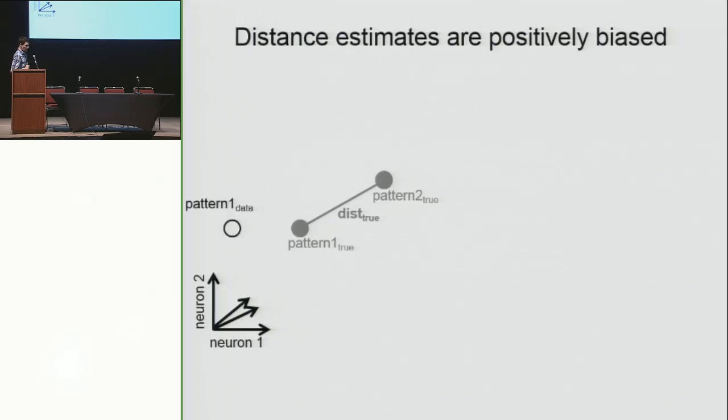Your data are always going to be affected by noise, so your estimate of pattern 1 from the data is going to be offset by noise in this representational space. And the same is going to be true for your estimate of pattern 2, and therefore the distance that you measure is going to tend to be larger than the true distance. Because in a multidimensional space, the noise is more likely to push 2 patterns apart from each other than to push them together. So these 2 cases are not equally probable, and that creates a bias in the distance estimate.